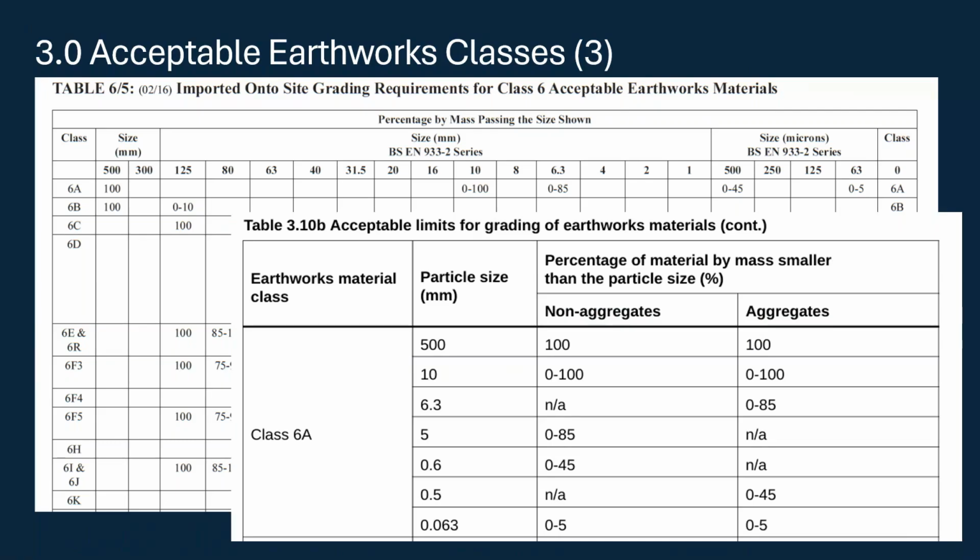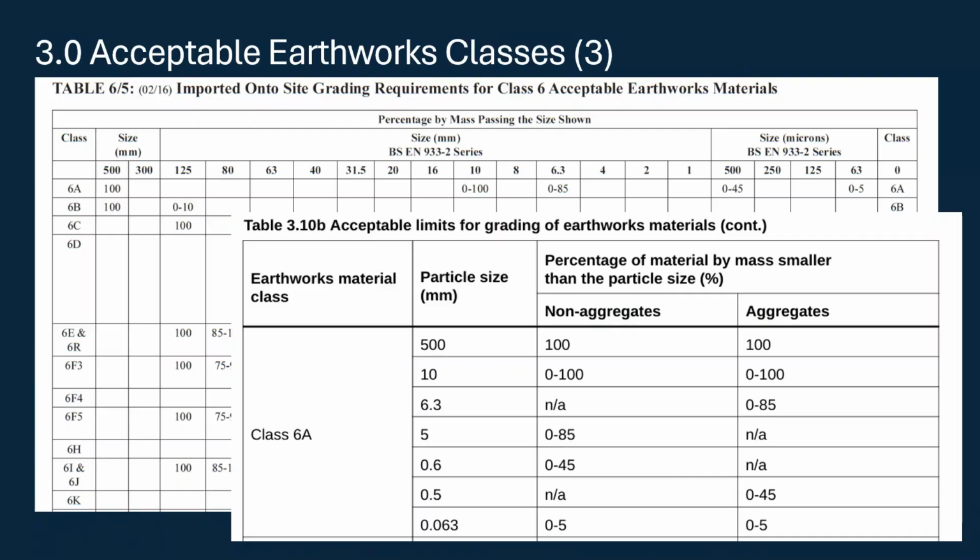Basically, the old way it was presented in table 6.5 is that on the right, under aggregates, refers to the aggregates that are manufactured or created under the EN aggregate standards. And they use a slightly different sieve size to the BS 1377 sieves that are used for standard soil classification, and which you may well be using on site if you're manufacturing maybe your own aggregates from site won material.